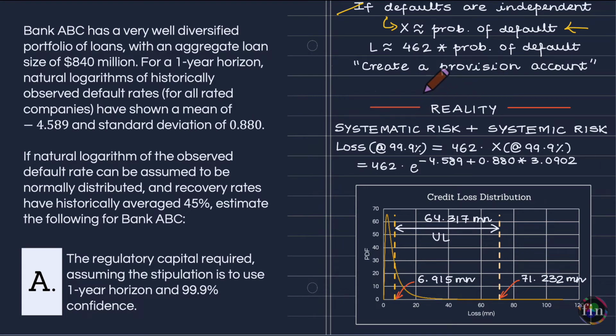Okay, so if I were to take into account common factors which affect my N borrowers, I am essentially acknowledging that there is some amount of systematic risk involved in lending to these N borrowers. Okay, and the word systematic comes in when you have a common factor which affects all your borrowers. So you have some amount of systematic risk.